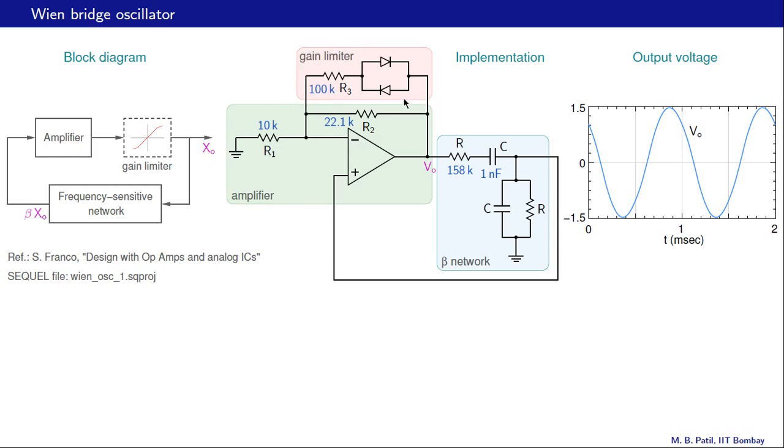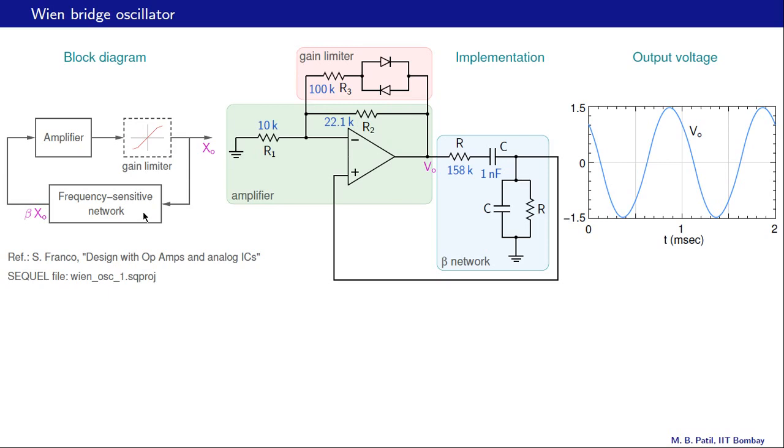In fact, this gain limiter may be considered to be a part of this amplifier here, although here we have shown that separately. And if you recall, we have looked at this resistor diode network, and we have seen that as this voltage changes, the resistance or the dVdi for this network also changes. Alright, so that is the gain limiter.